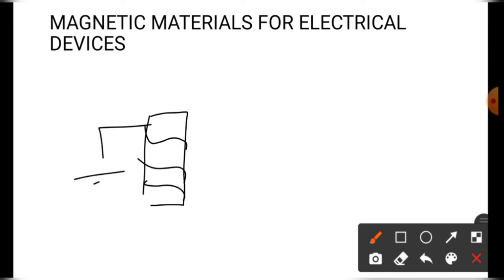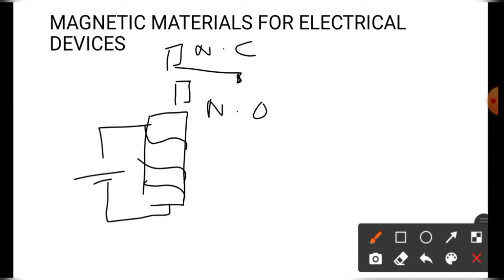Now, how will the relay operate? When current is passed through the coil, it will generate a magnetic field and it will attract the armature. So here I am going to draw a relay diagram. This is the soft iron piece, and here there are two contacts, and this is the armature. They are called the normally closed contact and normally open contact.